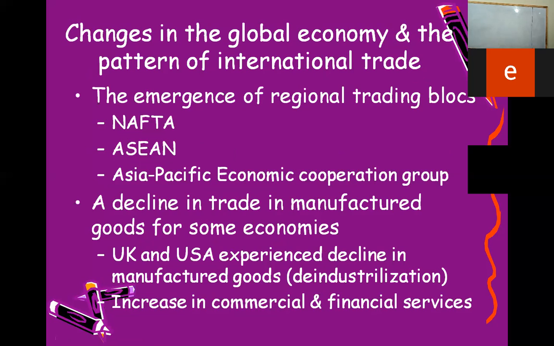Very good examples of these regional trade blocs are NAFTA, the North American Free Trade Area, and the second, which is of our region, is ASEAN, the Association of Southeast Asian Nations. Why are these trade blocs being made? To reduce the trade barriers, to increase the trade amongst these trading blocs.